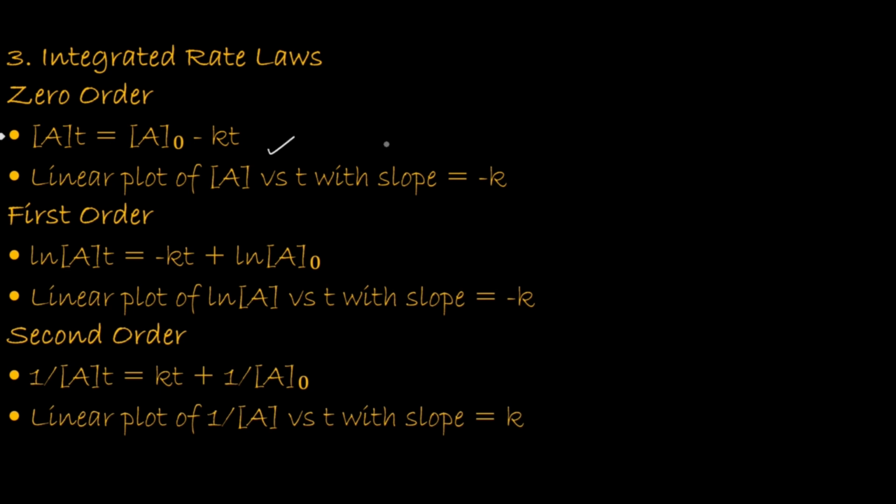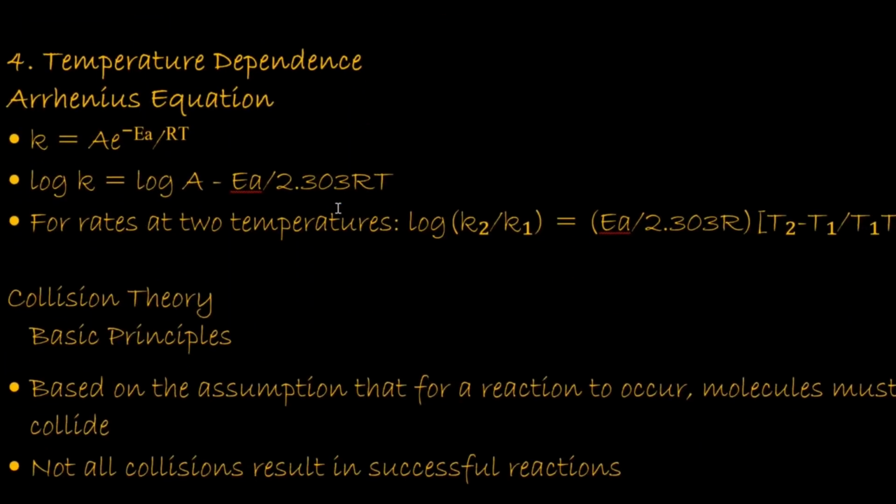The rate law equations are given over here and the plot details. Mostly they will be asking questions in the formula and sometimes in the plot. Okay. 0 order and the first order are very, very important.